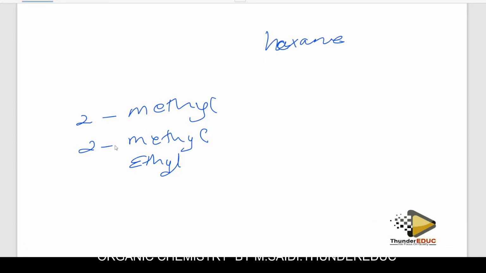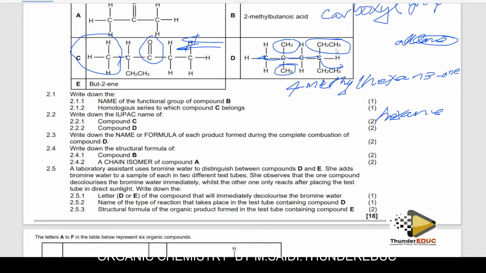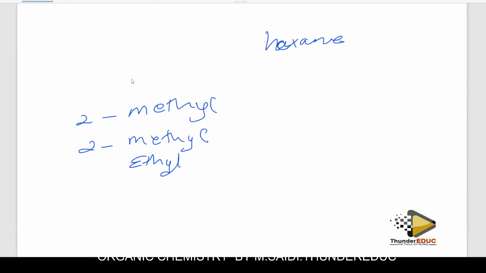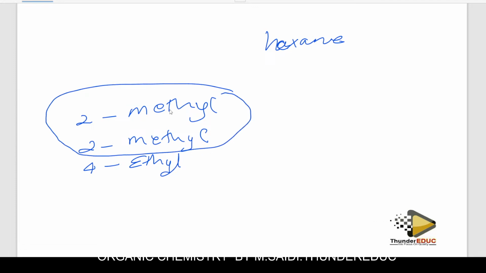Even this one is 2 dash. And then the third one is on carbon atom number 4, so I'm going to say 4 dash. If the side groups are the same, I combine them and I use the common name.